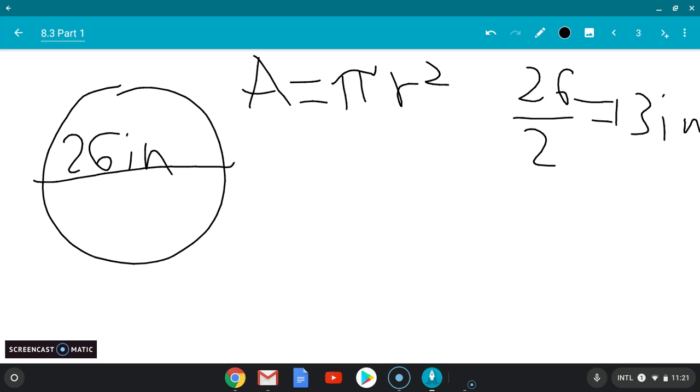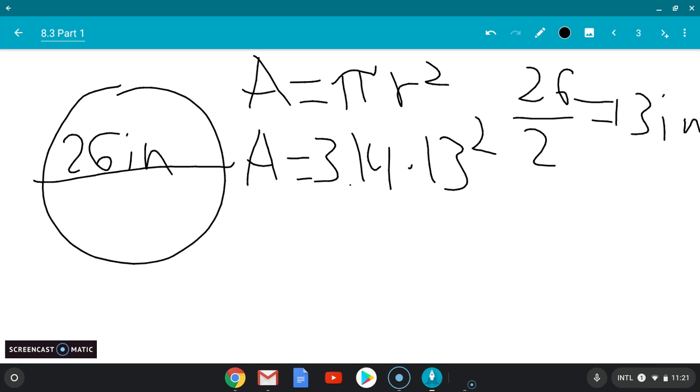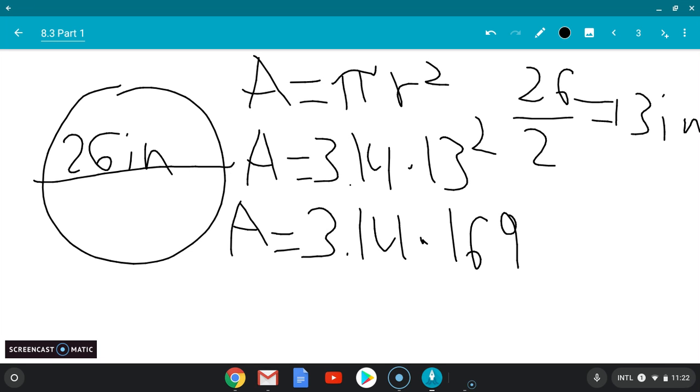Then we could go ahead and plug into our formula, and this time I'll use 3.14 for pi. So 3.14 times 13 squared. All right, 13 is our radius. All right, first thing I'm going to do, order of operations, parentheses, no parentheses here, exponents. Okay, so I'm going to do 13 squared. So area equals 3.14 times 13 squared, or 13 times 13, which is 169.